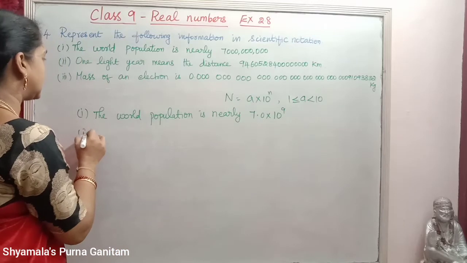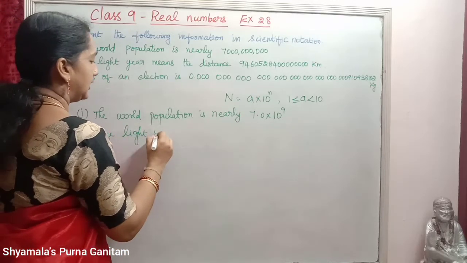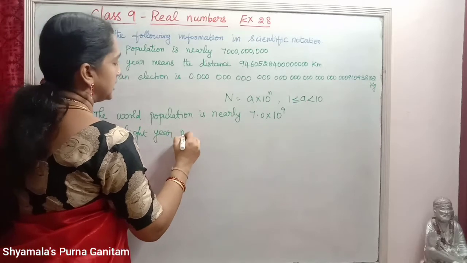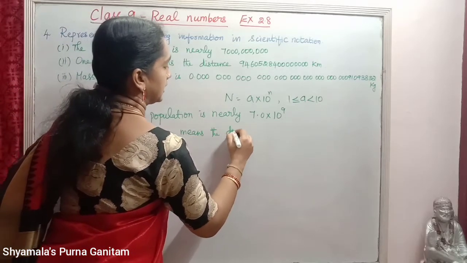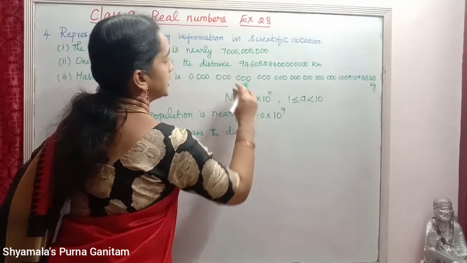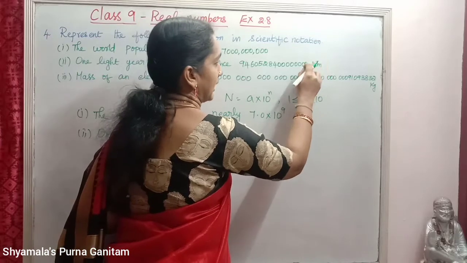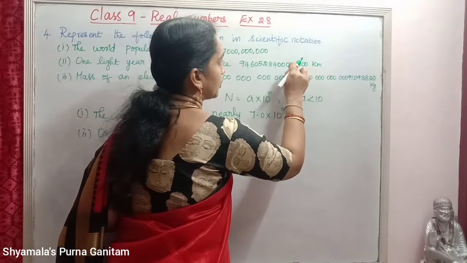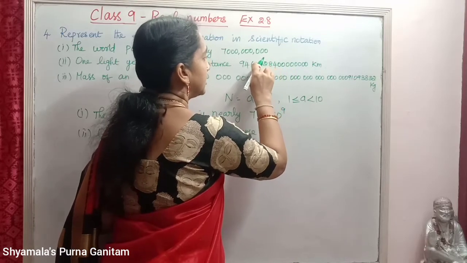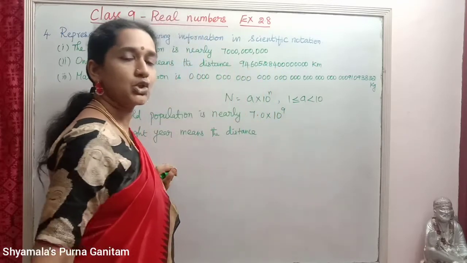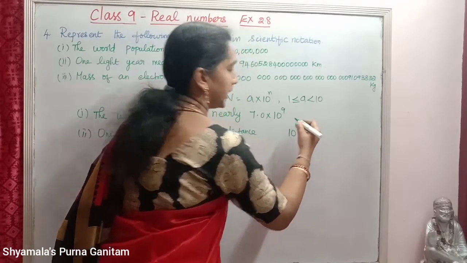Then the second sum is 1 light year. 1 light year means the distance. After that numbers are there, so we count the numbers from the back: 1, 2, 3, 4, 5, 6, 7, 8, 9, 10, 11, 12, 13, 14, 15. So 15 places it has to be moved, that is 10 power 15.